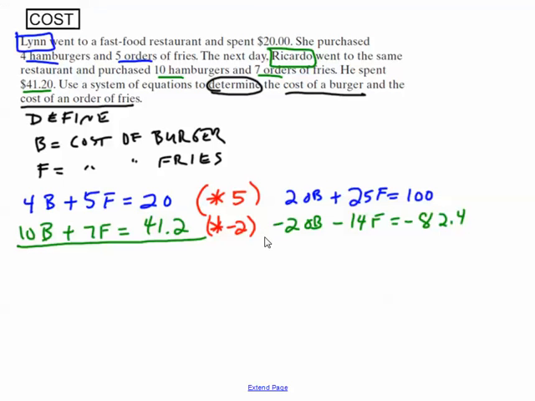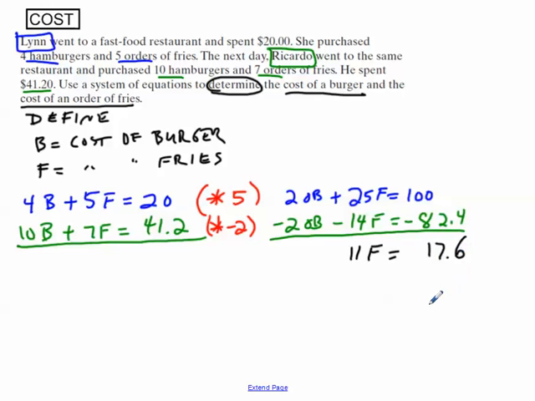So let's go in black and see what we can do. We're going to add up these two equations. 20b plus negative 20b is 0, it goes away. 25f minus 14f is positive 11f, equals 100 minus 82.4, which is 17.6.